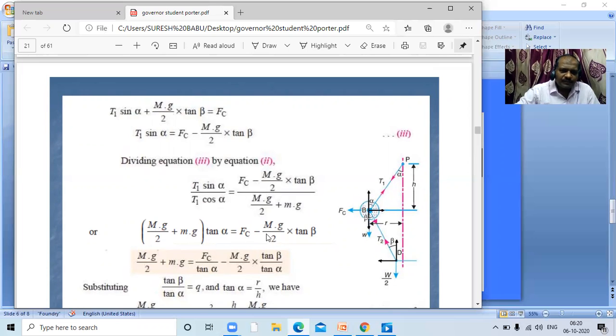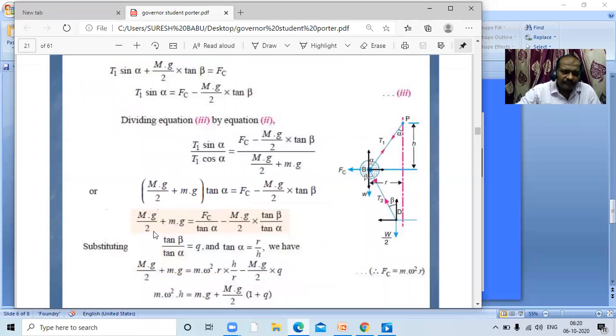T1 sin alpha by T1 cos alpha means tan alpha. So ultimately, the equation is mg by 2 plus mg is equal to Fc by tan alpha minus mg by 2 into tan beta by tan alpha. We have brought tan alpha to this side because we divided the whole fraction by tan alpha.